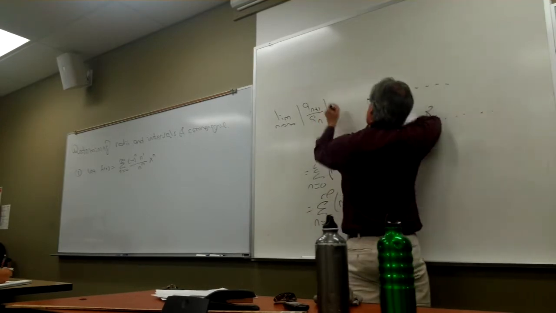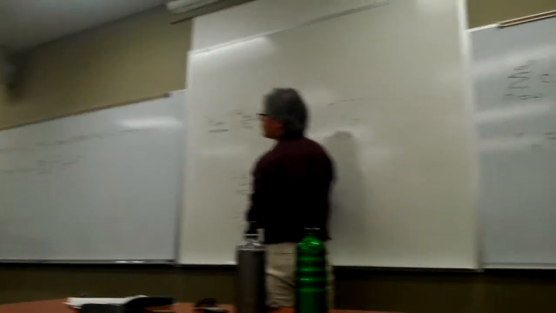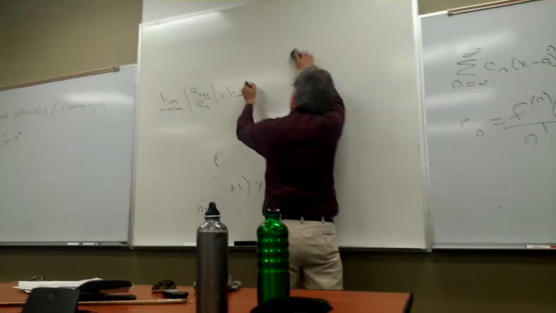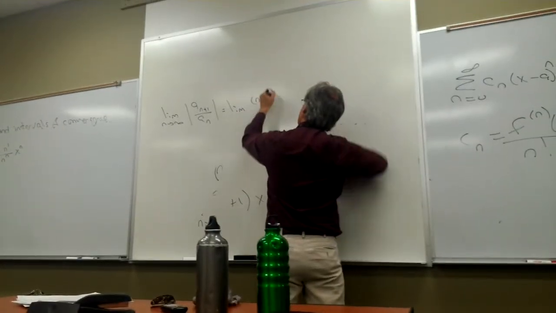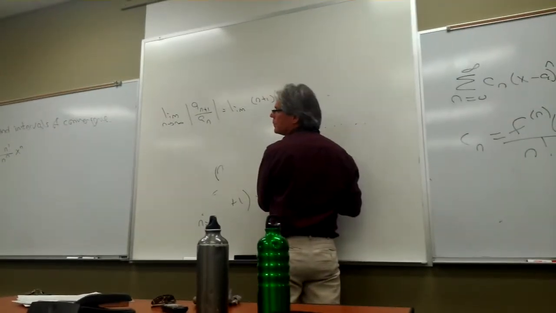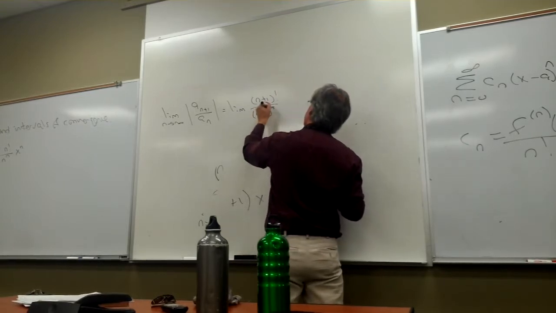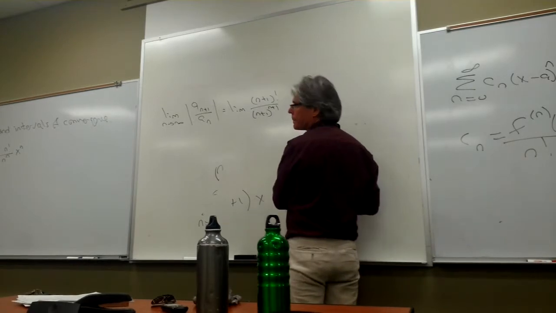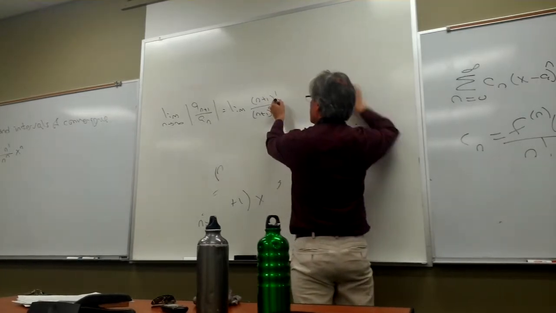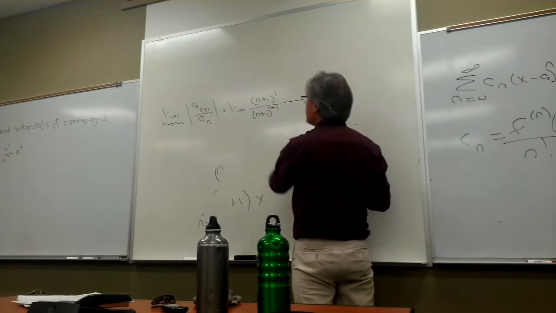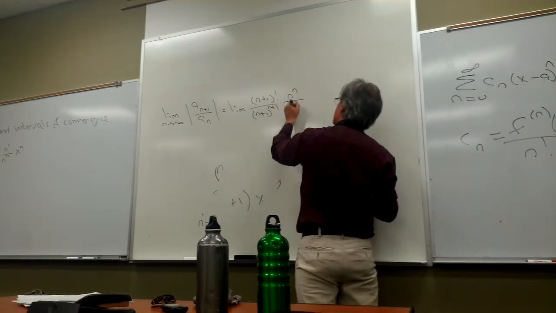I think that merely gives me the limit of the ratio of (n+1) factorial over (n+1) to the n+1, divided by my a_n, but I just simply multiply by its reciprocal. That gives me n to the nth over n factorial.